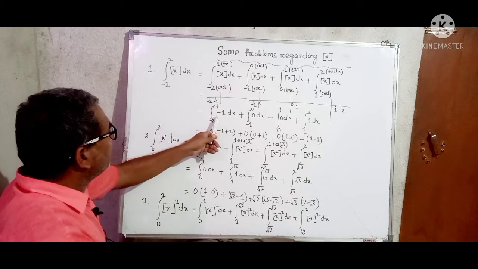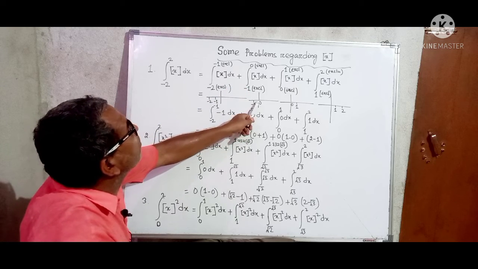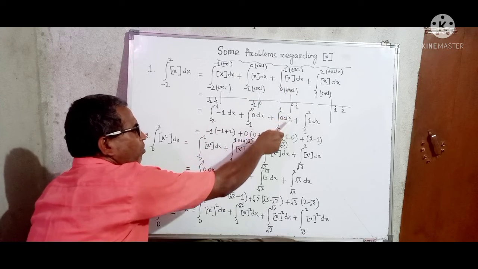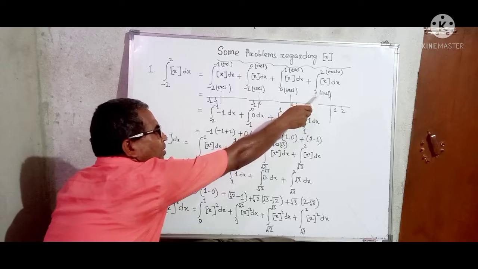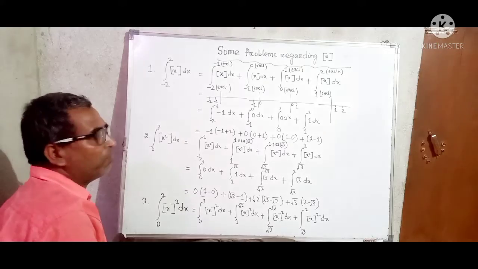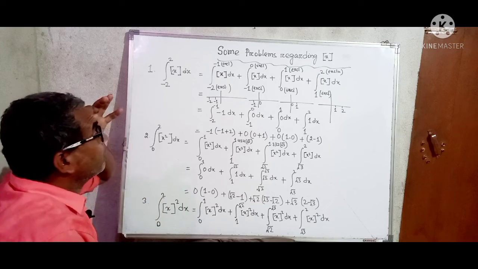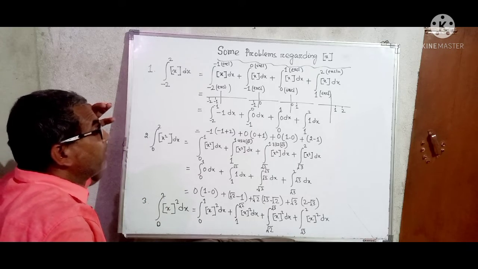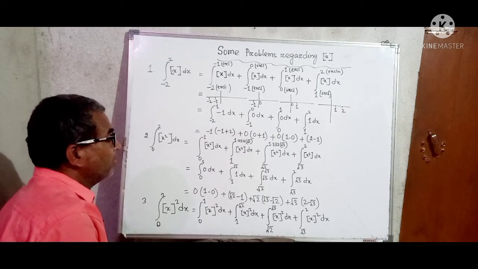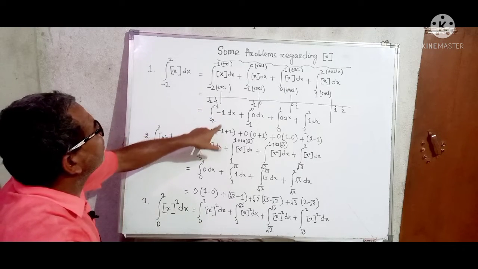Here from -1 to 0, the value will be 0. Then from 0 to 1, the value will be 0. Then from 1 to 2, the value will be 1. I have discussed the values of the greatest integer function in the previous class, so here I am not repeating the process of finding the values. You should follow my previous classes.